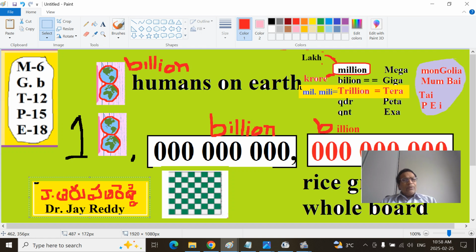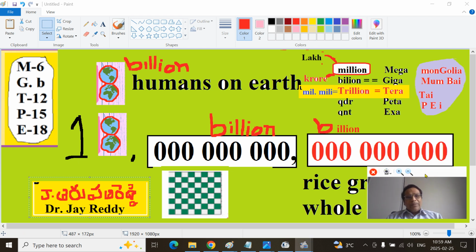You add 1 in front of it, that becomes 18 billion, because you put 1 more billion. That means when the entire chessboard, after filling the 64th square, the entire board contains 18 followed by billion, that means 9 zeros, 9 zeros.